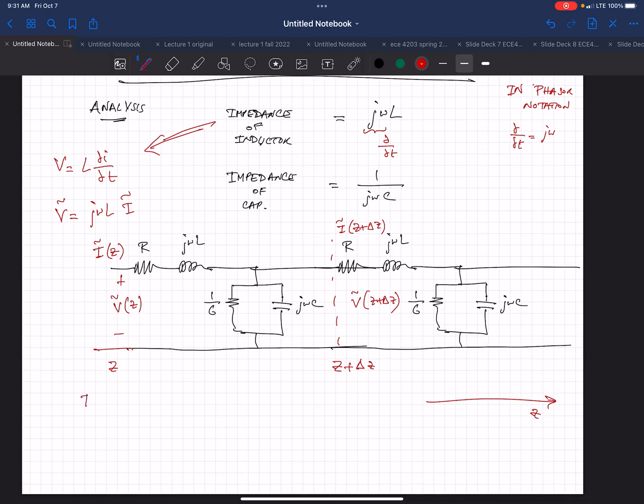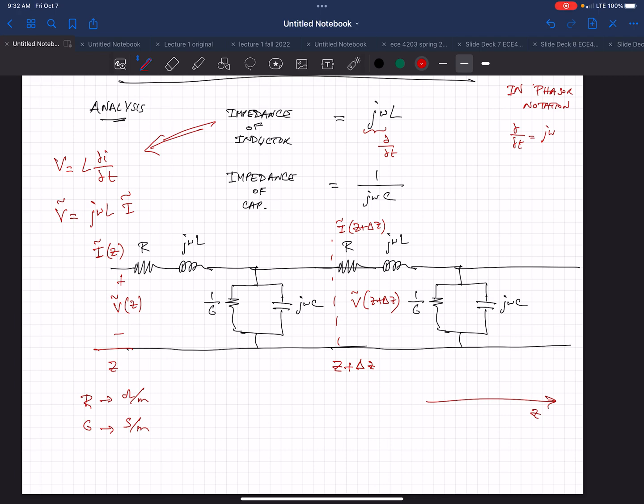If you remember, because we're talking about sections of the line, the inductance and capacitance units are in terms of inductance per meter and capacitance per meter, and so will the resistances. The resistance units are in terms of ohm per meter, and the G, which is 1 over the resistance, is in terms of Siemens per meter.